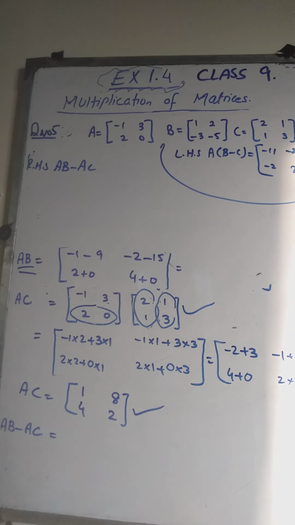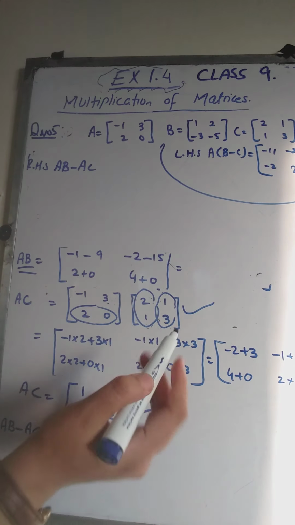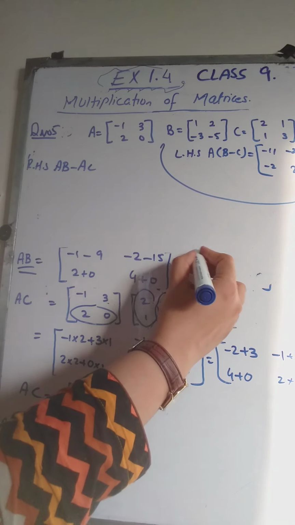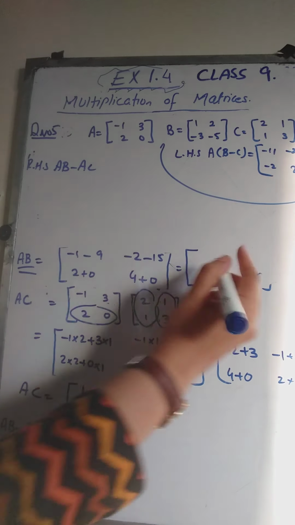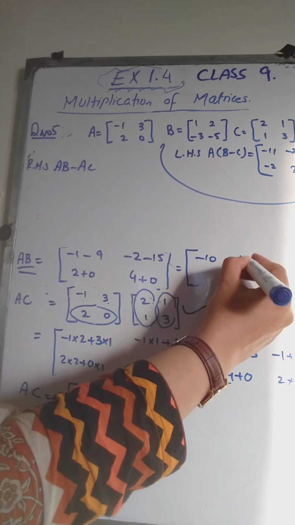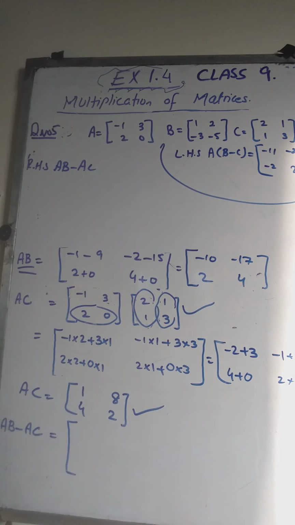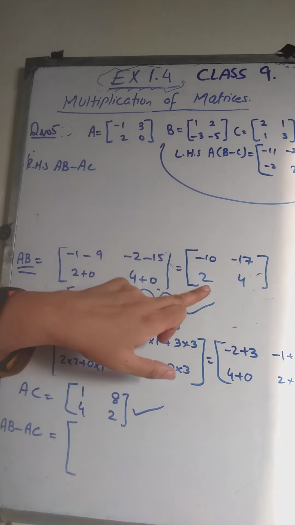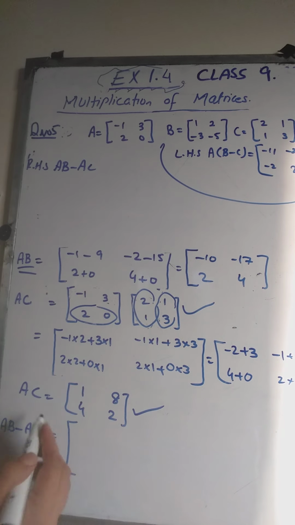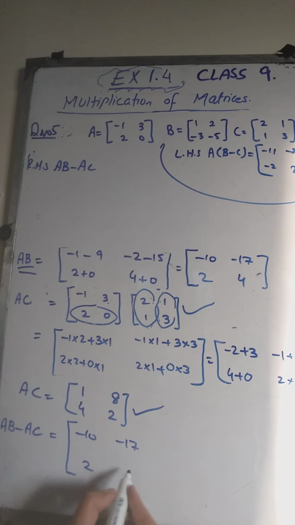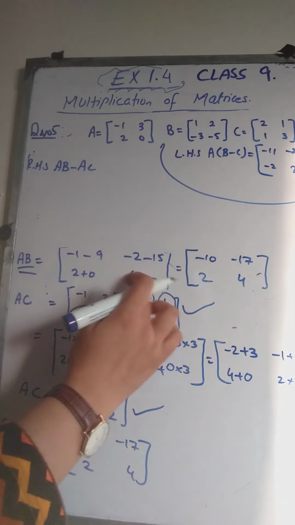This is AB: negative 10, negative 17, 2 and 4, that we calculated earlier.